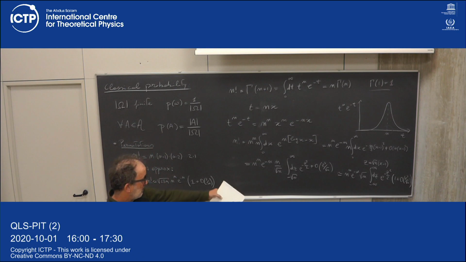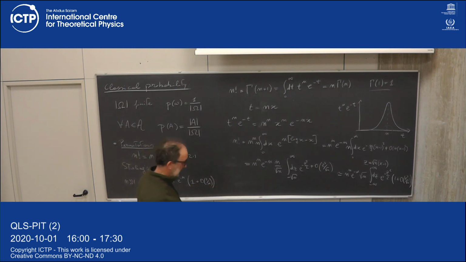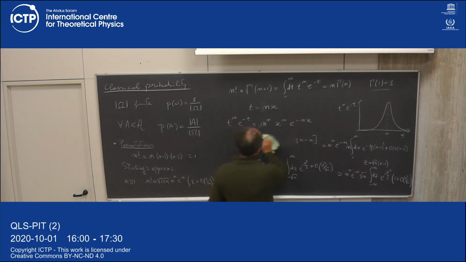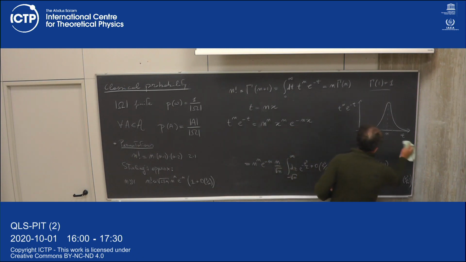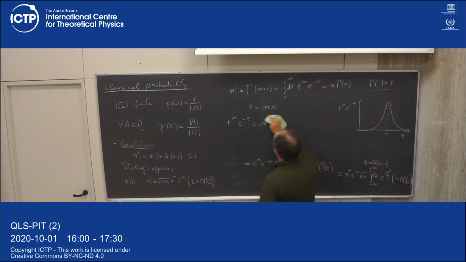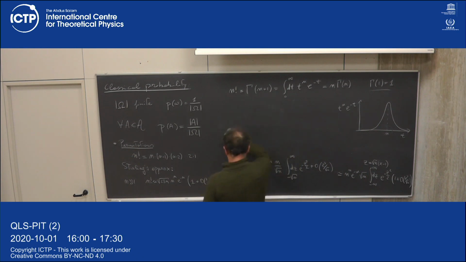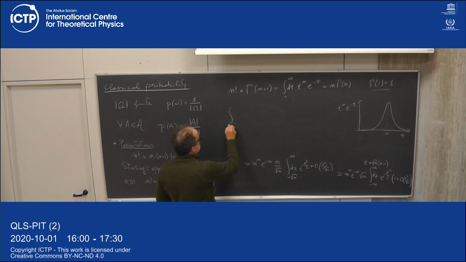So now if you want to compute the leading order of this integral, all you have to do is to compute the Gaussian integral, so this integral here, and I'm sure that you have already seen it, but let's do it once and for all.